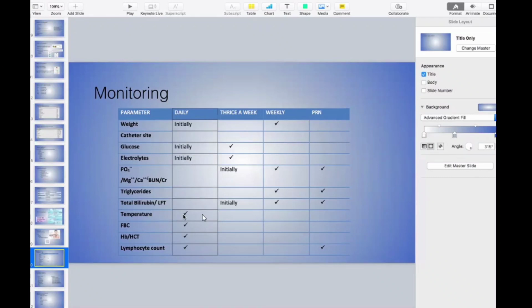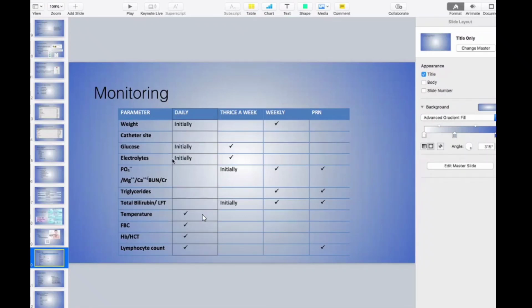But when you are giving nutrition, either parenteral or enteral nutrition, you have to monitor this patient for complications. There are some investigations you have to do daily. Ideally you have to check the body weight of the patient, the blood sugar daily, the electrolytes daily, and the full blood count, hemoglobin, daily.